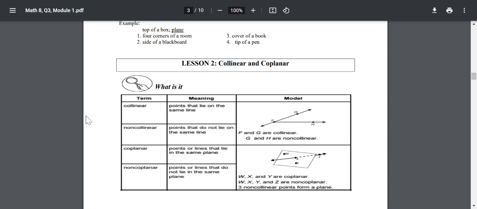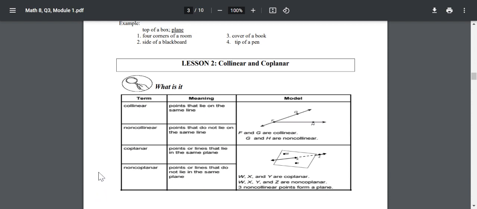So nga na ka-simple ang collinear ug non-collinear. Collinear, di ba na word nga line sa tunga. So nagline. Ug non-collinear, non meaning wala. So or dili collinear. And we also have coplanar and non-coplanar. So first we have coplanar are points or lines that lie on the same plane.